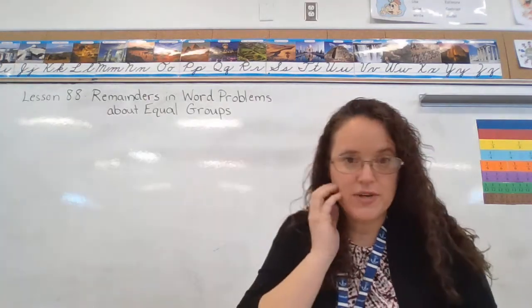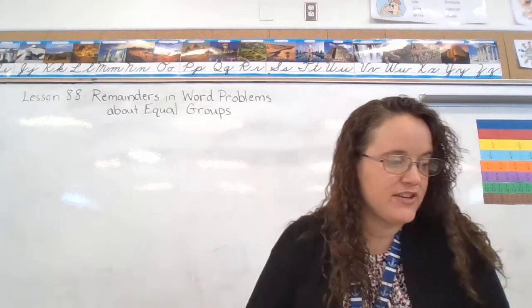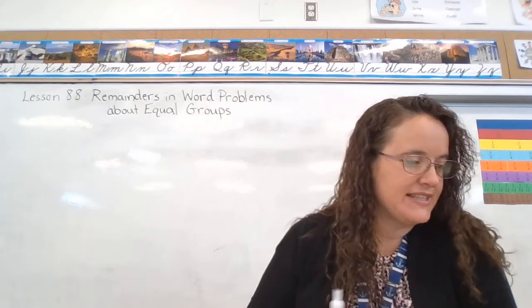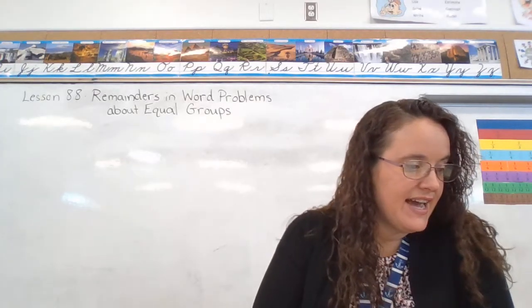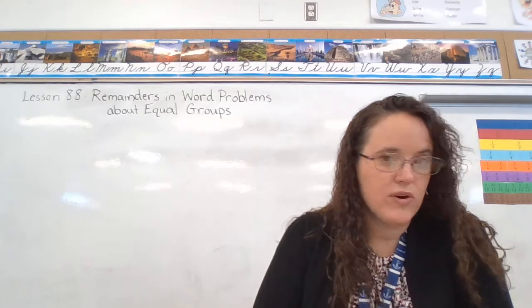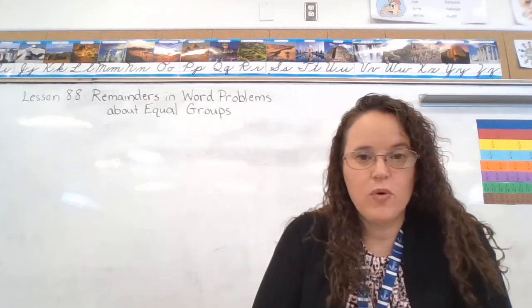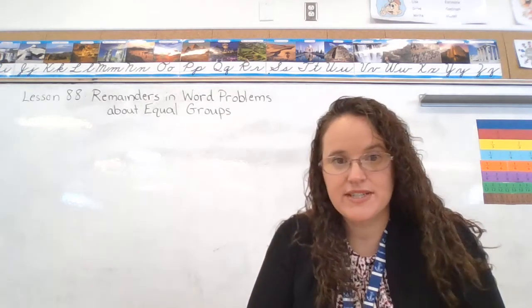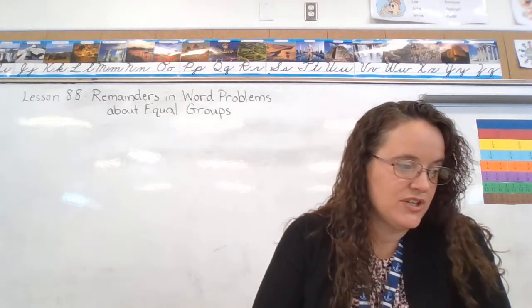Okay, this next one I want you to try on your own. It's in your book on page 559. It's kind of the second half of the lesson practice here. Listen to the problem. Tendai found 31 quarters in his bank. He made stacks of 4 quarters each. So he found 31 quarters and he put them into stacks of 4 quarters each.